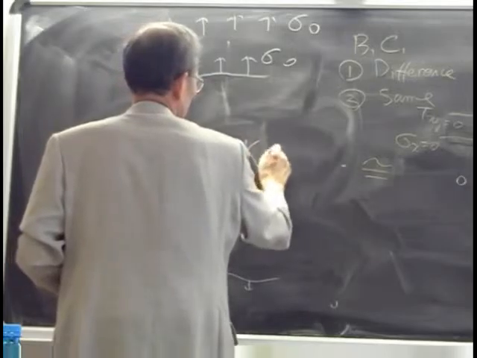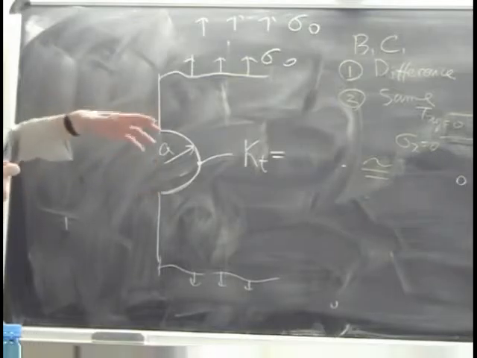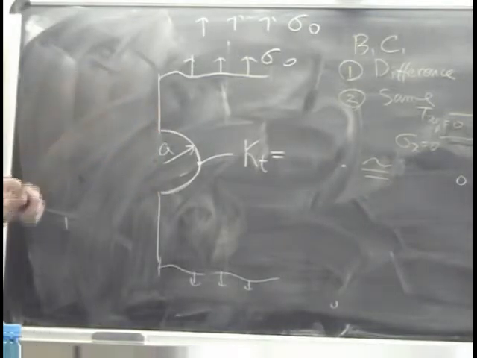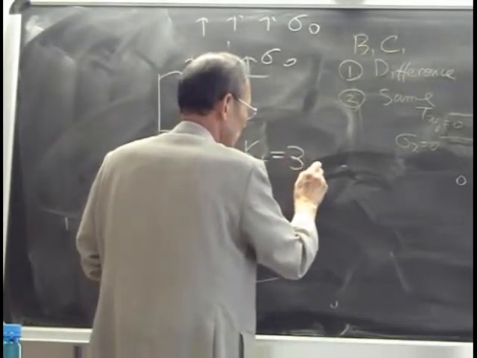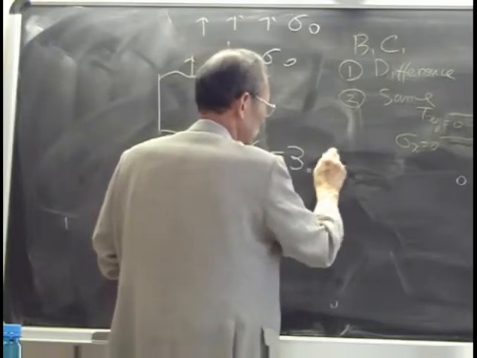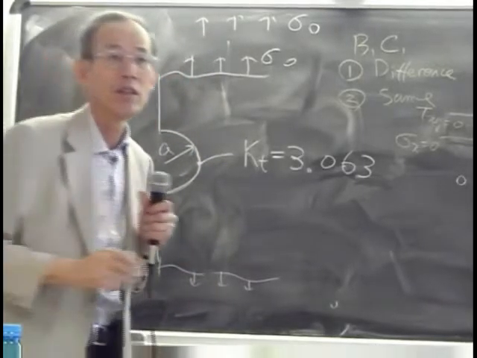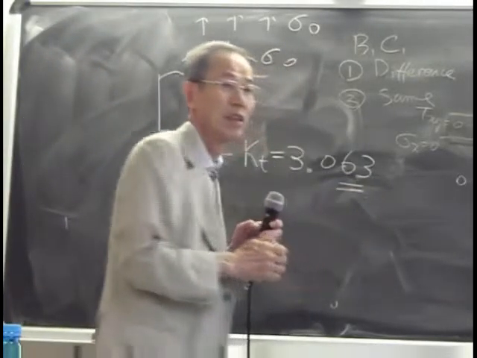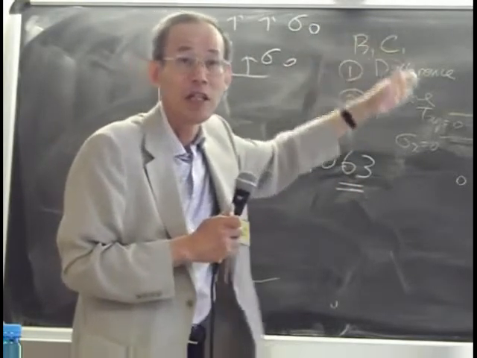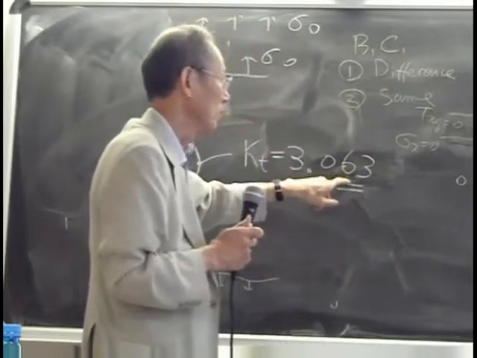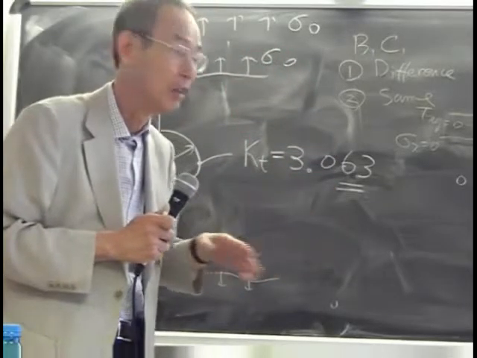Do you know the stress concentration factor of this semicircular notch in tension? The value is 3.063. So this is the effort to cancel the stress at the vertical and here. So only 2%. So maybe you may ignore this.